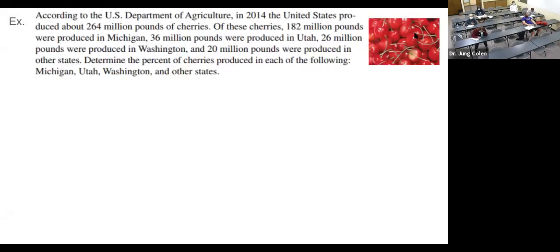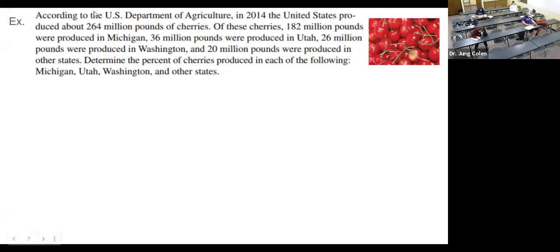Let's move on to this word problem. Okay, according to the U.S. Department of Agriculture, in 2014, the U.S. produced about 264 million pounds of cherries. Of these cherries, 182 million pounds were produced in Michigan.